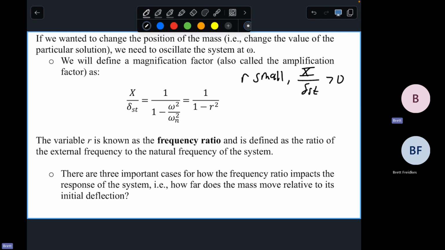It's not less than 1, because if you do 1 minus a small r, let's say this is 1 over 0.9 or something, the whole amplification factor will be greater than 1. You see that? This is 1 over something small, which leads to a number that's bigger than 1. So we see that our amplification factor is bigger than 1.